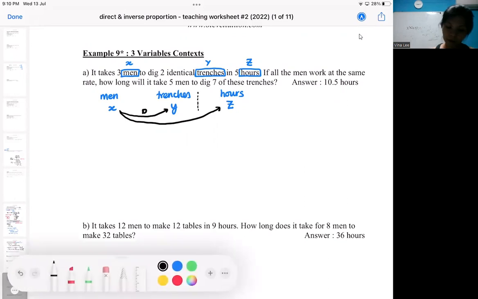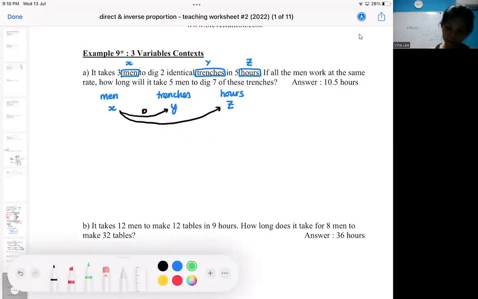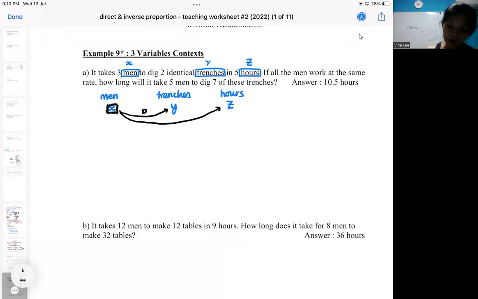Then I'm going to explore the other relationship right now. I'm going to explore the relationship between men and the hours. So assuming the number of trenches is the same, for right now you can just think about digging 2 trenches.